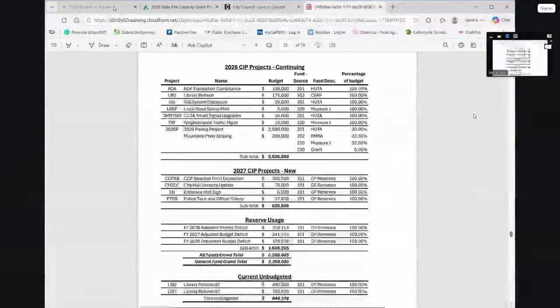Correct. And how are those, that's 2020, well, they would be for 27. 27, so the next reserve usage is to cover deficit in different years: 26, 27, 28. Right.